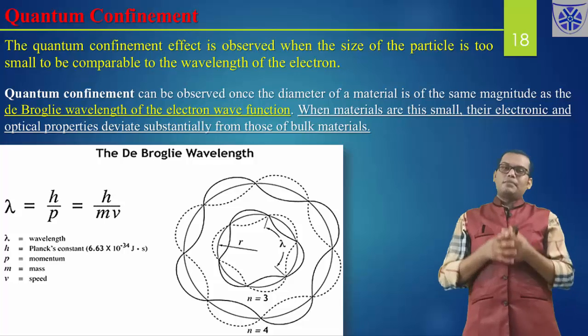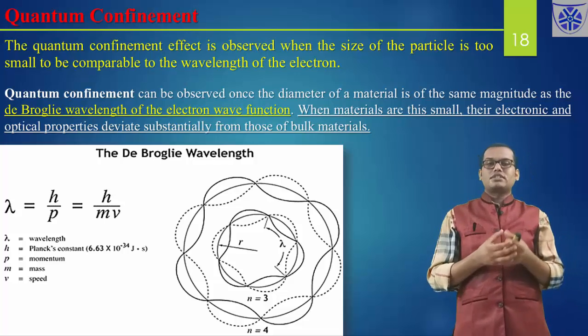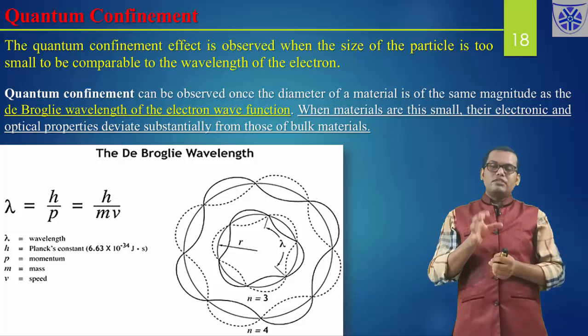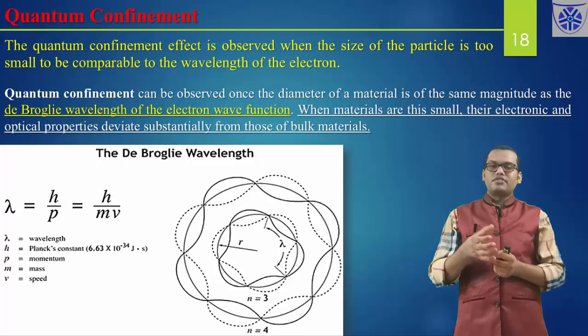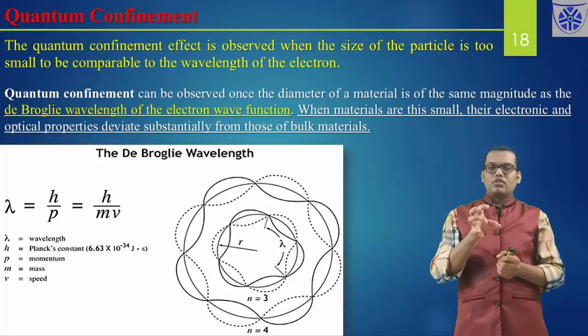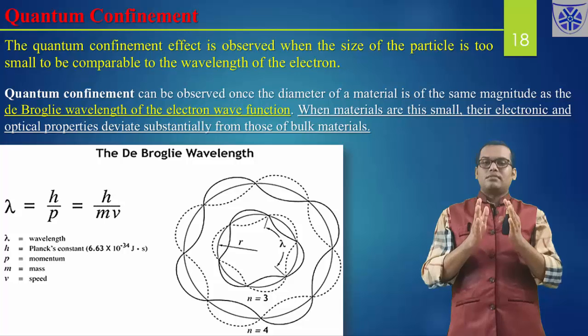So why is it showing this? In any bulk material you have electrons and holes that can move freely. Once you reduce the size of the material and make it into a nanomaterial, you are confining the size. So the size is confined, right? That means the electrons or the holes are trapped or confined in a certain distance of the material.